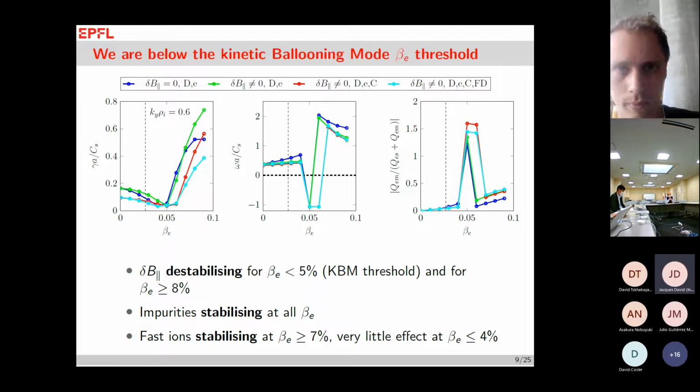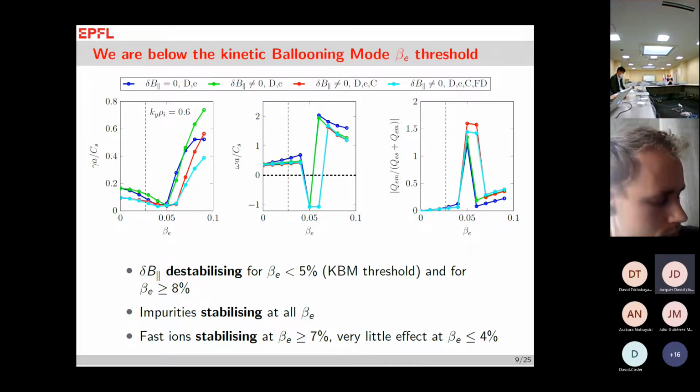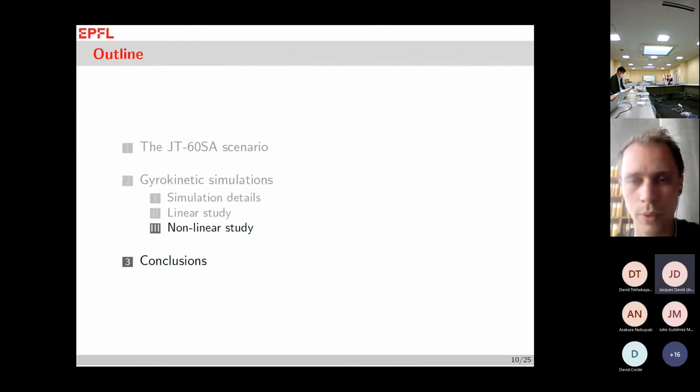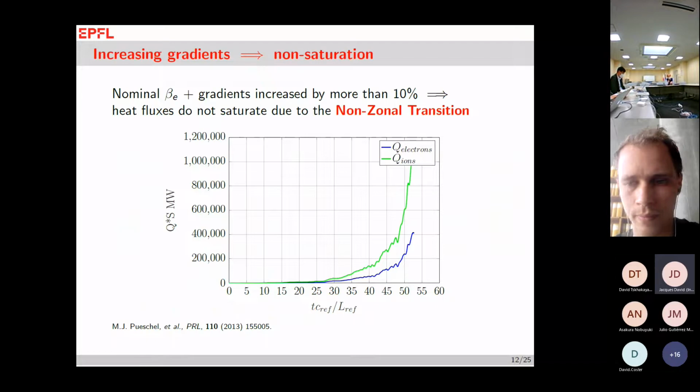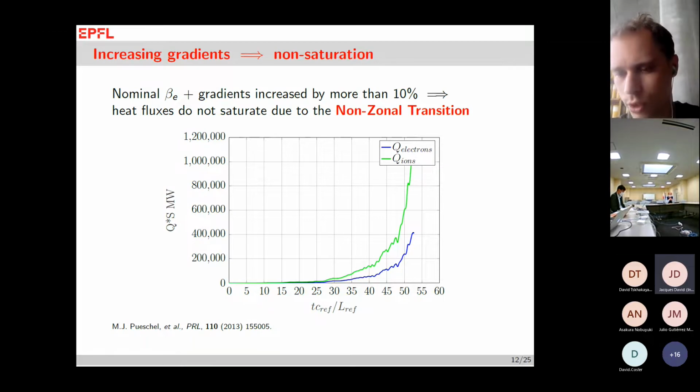And another question: if you just change the temperature gradient, then you observe a very large heat flux. Yeah, exactly. Is this due to ETG or a short wavelength mode? This runaway is due to the non-zonal transition.